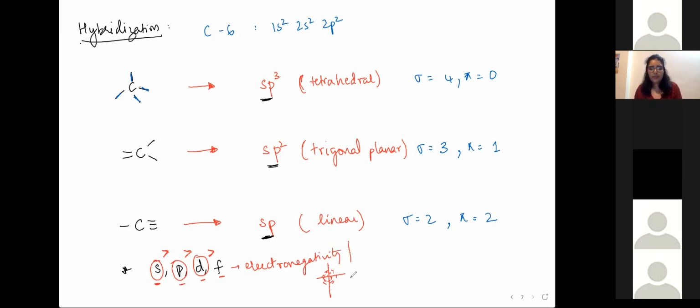So going by this, if you compare an sp3 carbon versus an sp2 carbon versus an sp carbon, which particular carbon is going to show the most electronegativity? Like which of these three carbons is going to hold on to the shared pair of electrons the most?